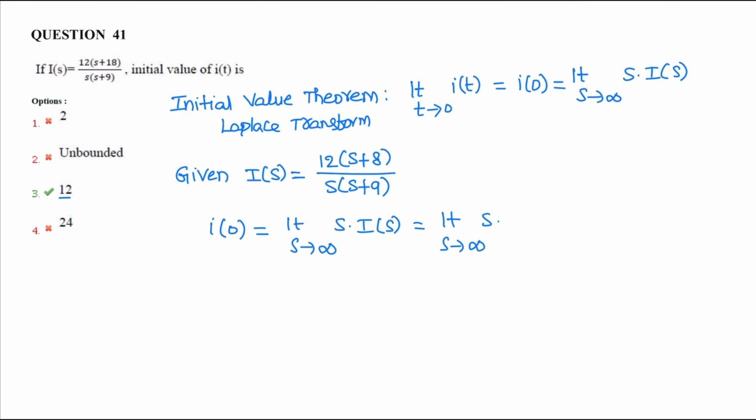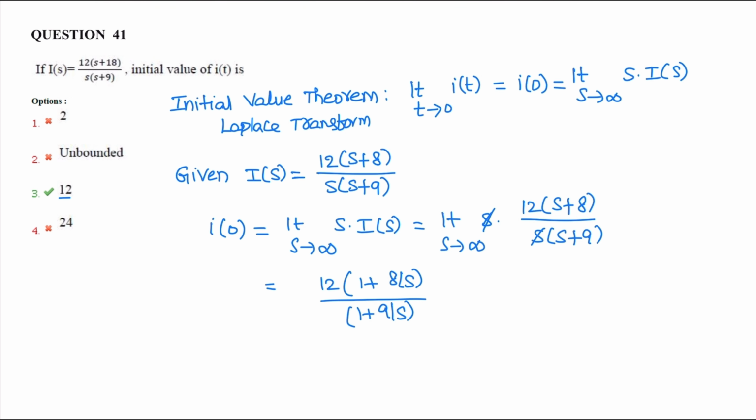Limit s tends to infinity of s into the given I of s, which is 12 into s plus 8 by s into s plus 9. S gets cancelled. We get 12 into 1 plus 8 by s divided by 1 plus 9 by s.